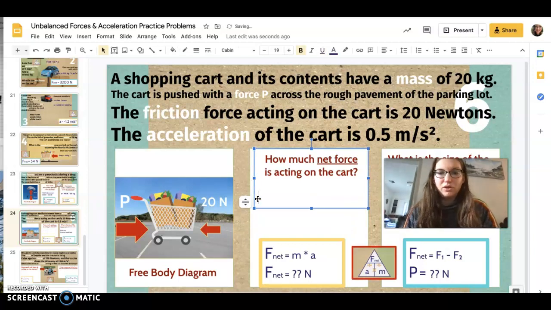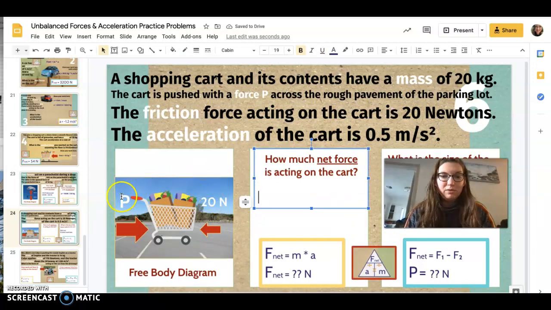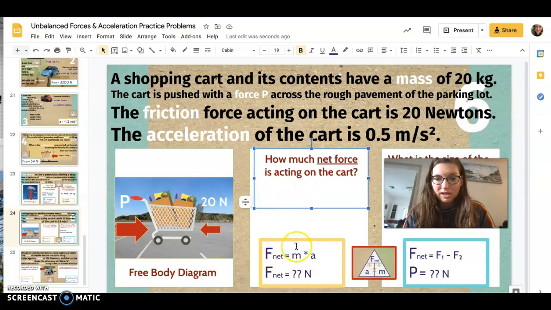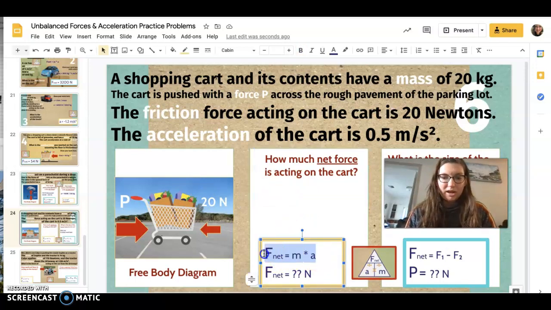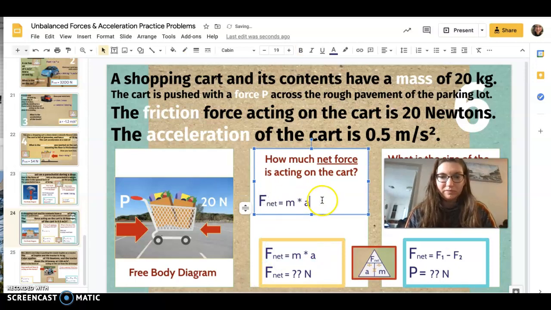Okay, so the net force is the combination of the amount of pushing that is canceled out in part by the friction force, right? So we're going to use this F net equation to solve this. I'm going to copy and paste this here. So the mass of the cart is 20 kilograms, and the acceleration of the cart is 0.5 meters per second squared.